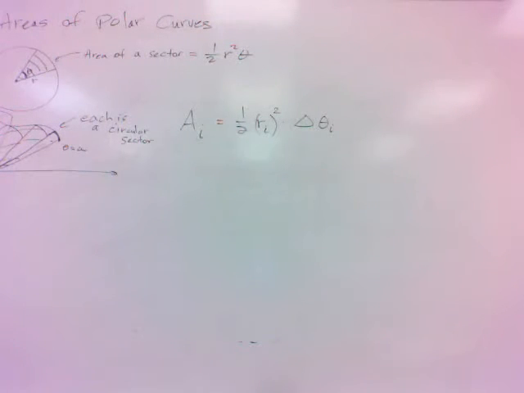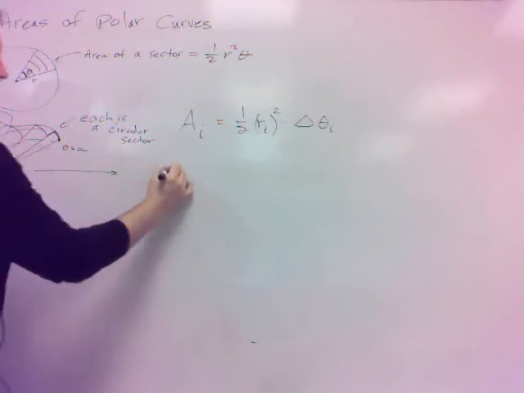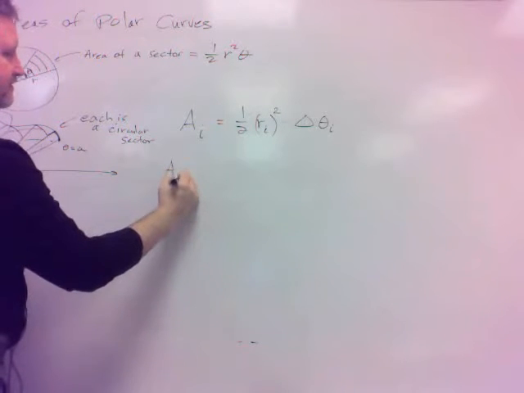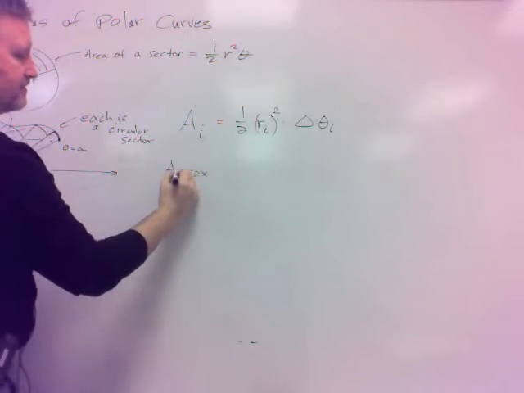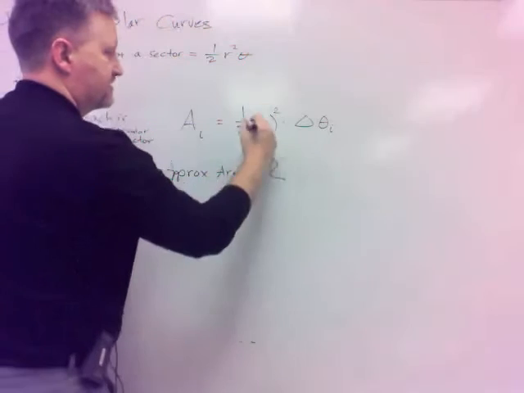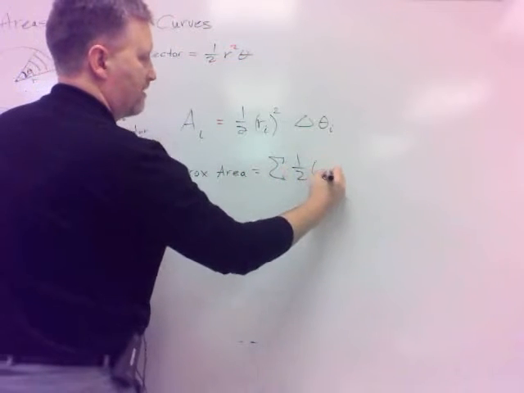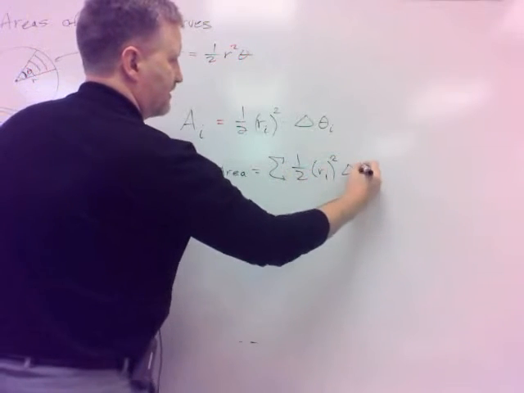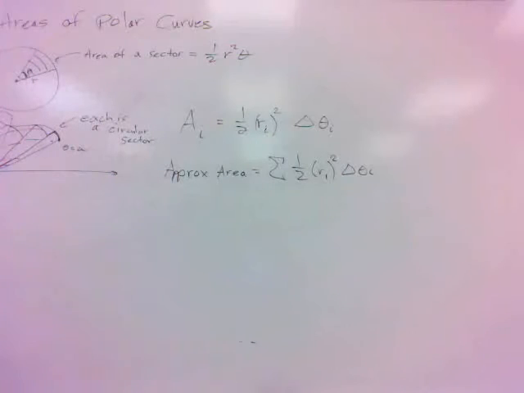Okay? So the approximate area would be the sum of all these 1/2 r sub i squared delta theta sub i's. Okay?